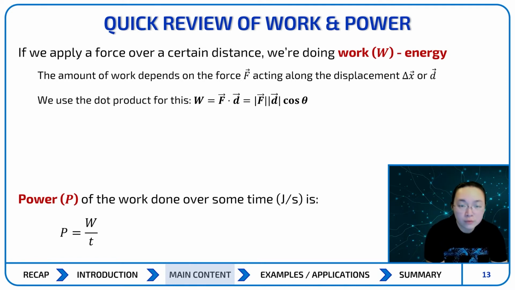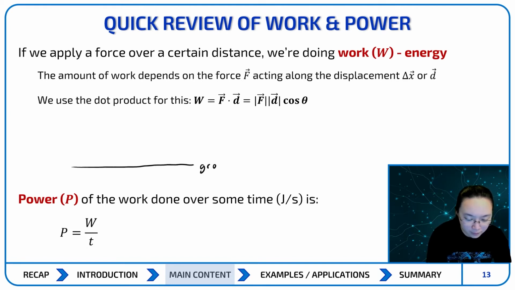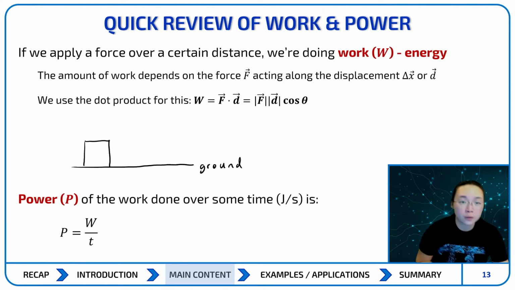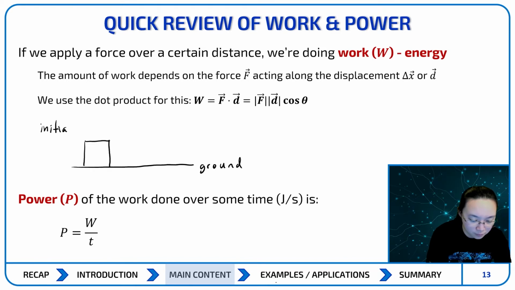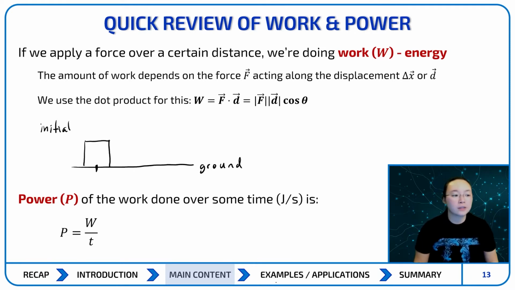So in terms of drawing this out, I have my ground here and my object. So there's my object at the beginning. So this would be initial. And so it starts over here. We'll just use the center as the point.